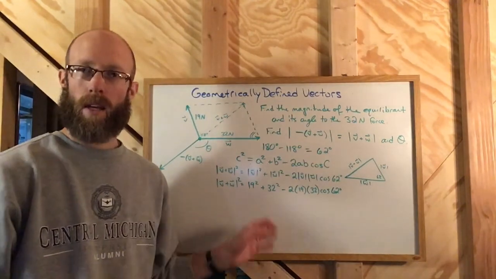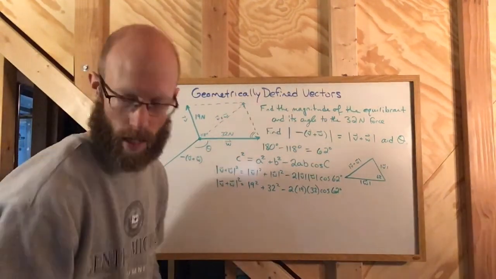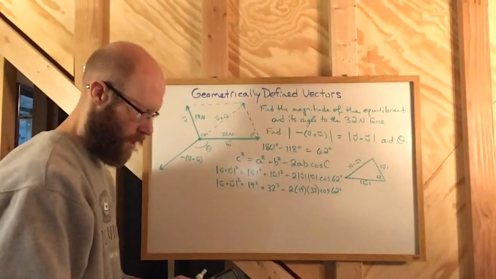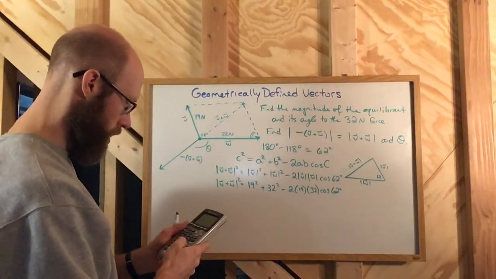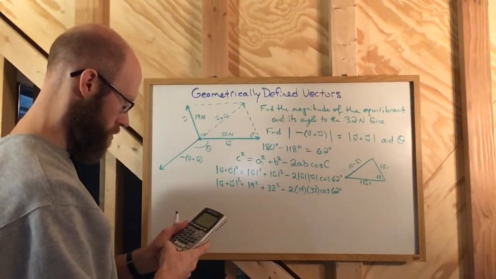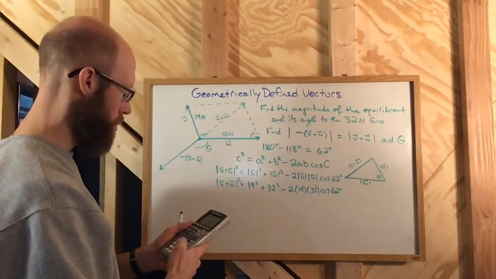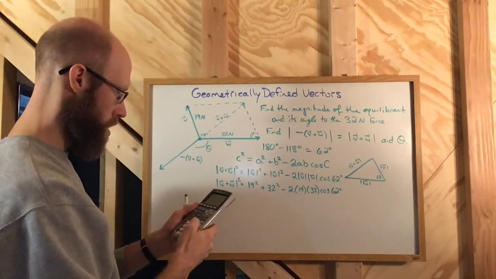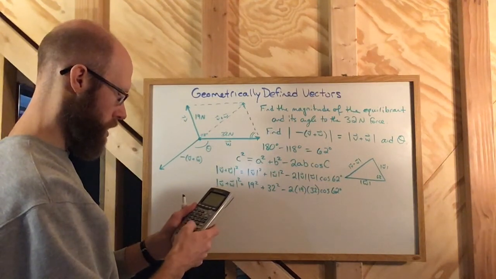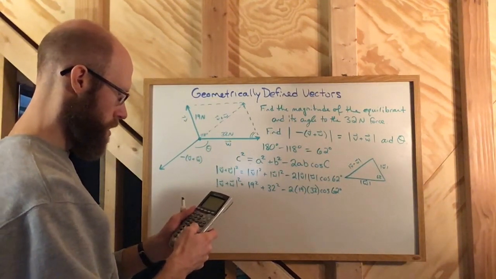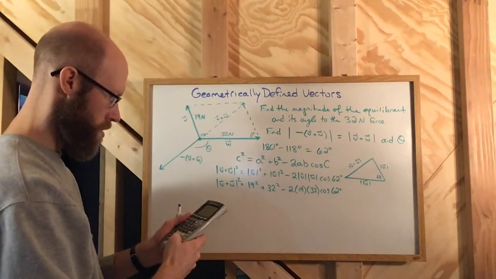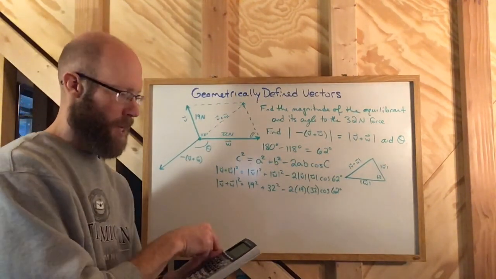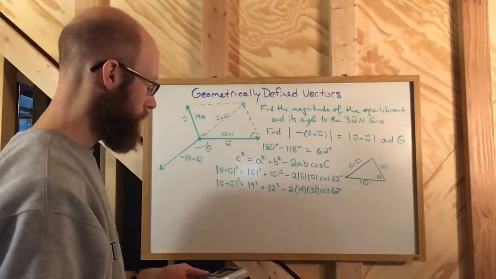There we go. Now I plug all that into my calculator. Make sure I'm in degree mode, which I am. And I get 19 squared plus 32 squared minus 2 times 19 times 32 times the cosine of 62. And that gives me 814 roughly.